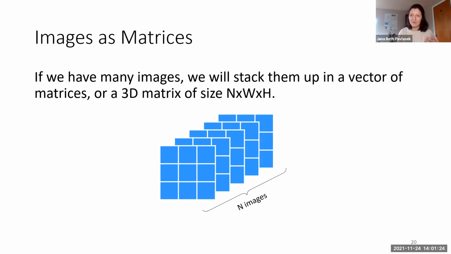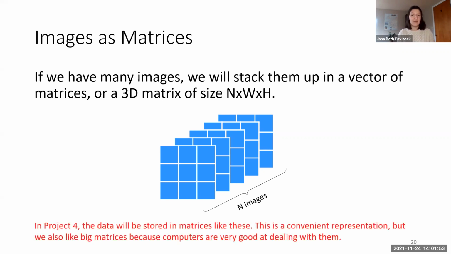We can think of this as a list of matrices, or a vector of matrices, but when we're actually looking at them in Julia, this gives us a kind of 3D matrix. Julia will see this as a matrix of size n by width times height, where we have the width times height of the image. That's how we're going to get our images when we're working on our code in Julia.